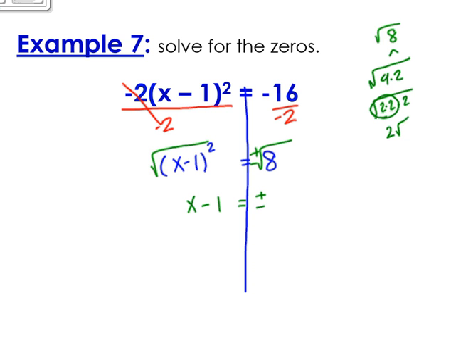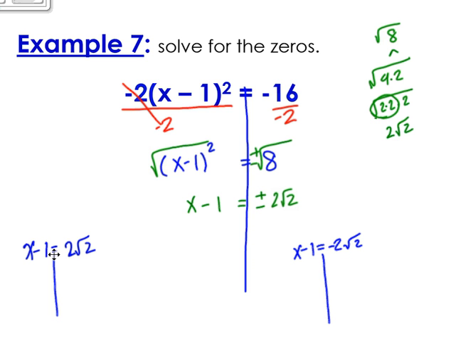So that's 2 square root of 2. So x minus 1 is equal to positive 2 square root of 2, and x minus 1 is equal to negative 2 square root of 2.